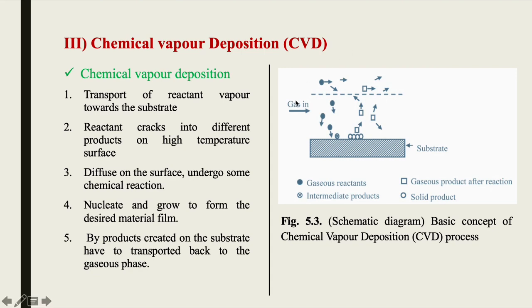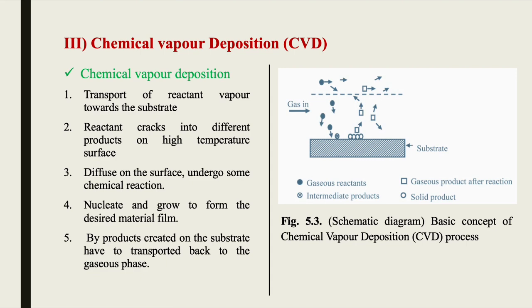This is the gas inlet. With this reactant, you are bringing inert gases, and here it reacts and forms the films. After forming the film, you will have some byproducts created on the substrate that have to be transported back to the gaseous phase.